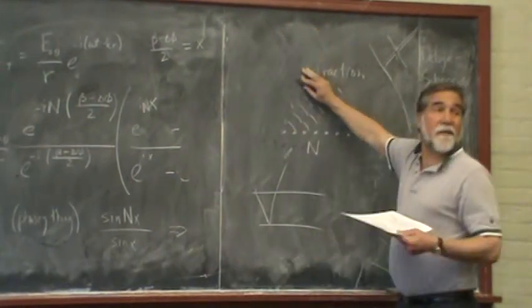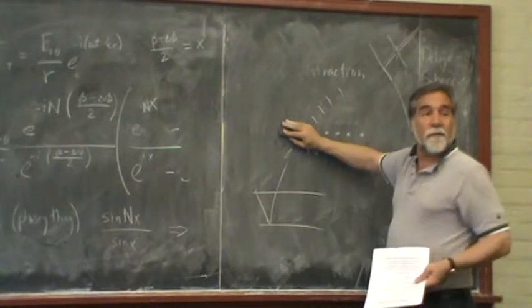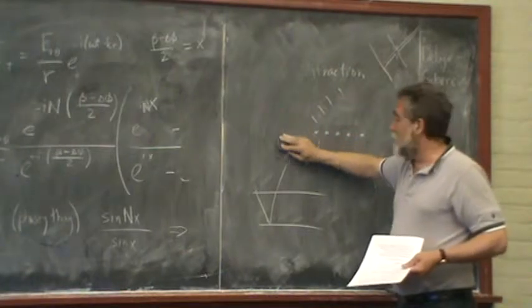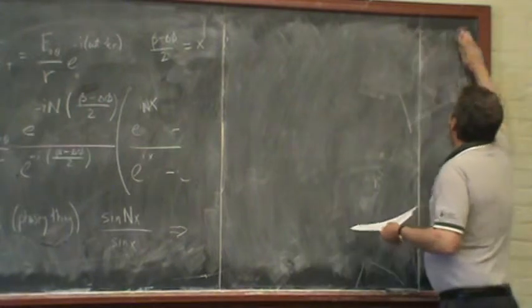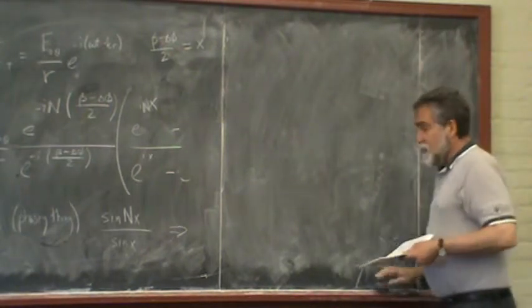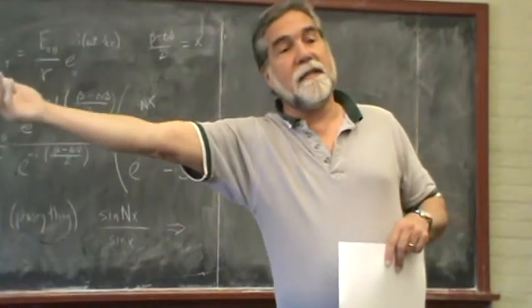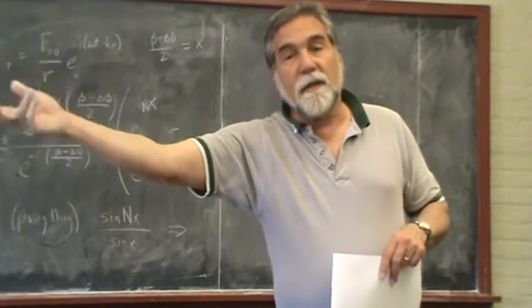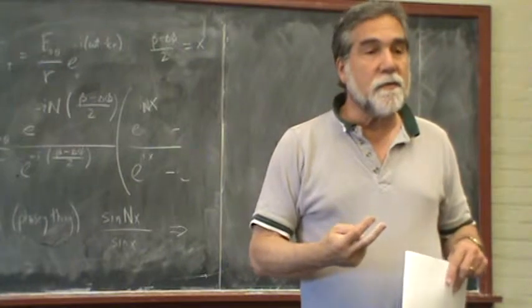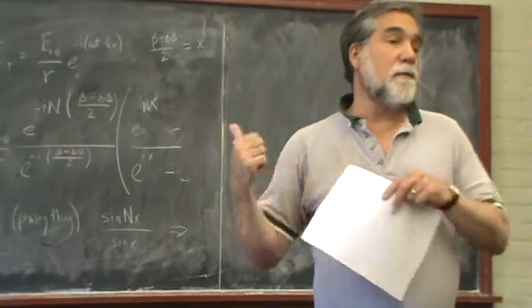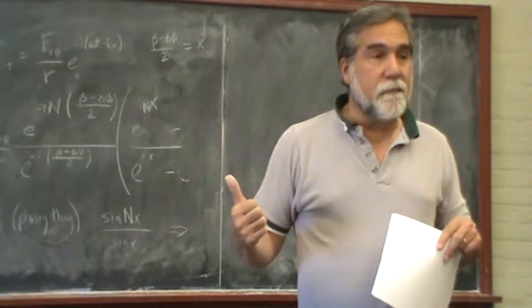The idea here, actually, I don't know whether it came across because I wrote a lot of junk on the board, right? Is really very simple. It's that when you have sources that are close together compared to the distance of observation, the only thing that's important when adding those two sources together is the phase difference between the two sources. The phase difference, from the electromagnetics point of view, arises from the retarded time, right?